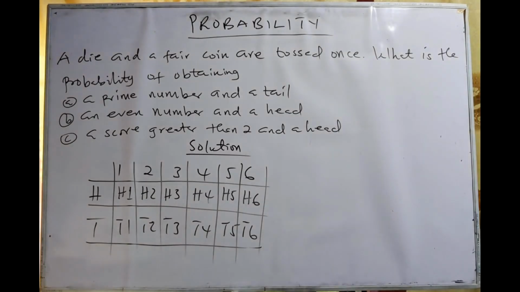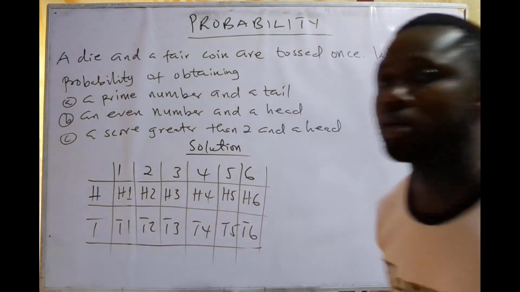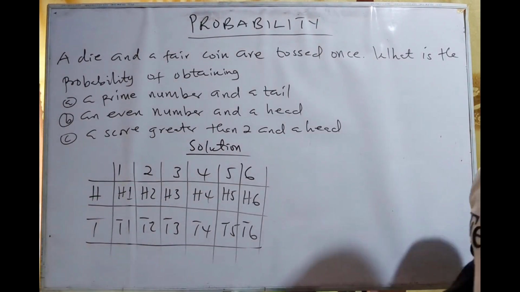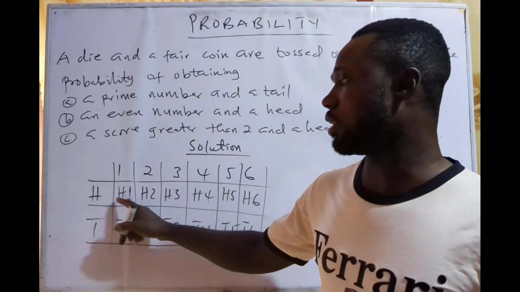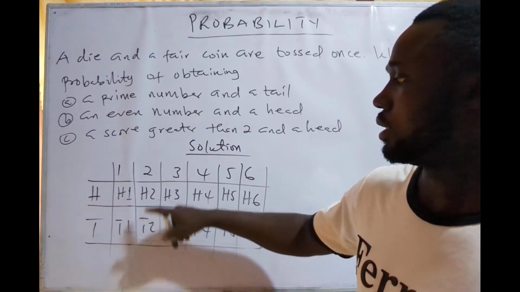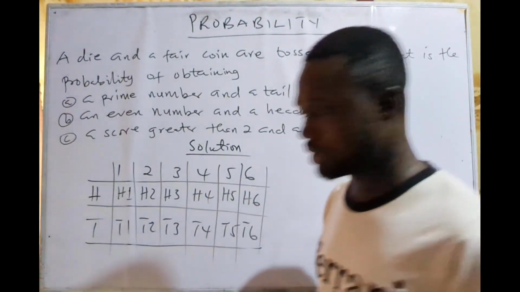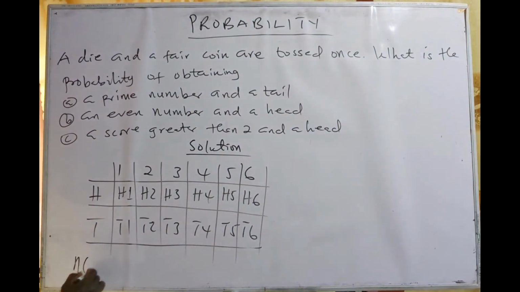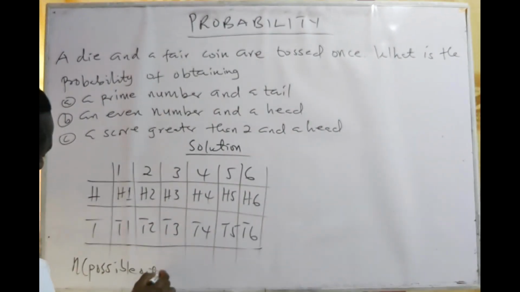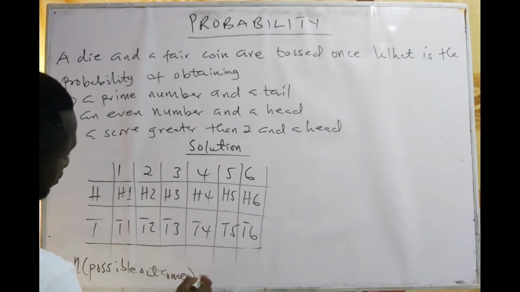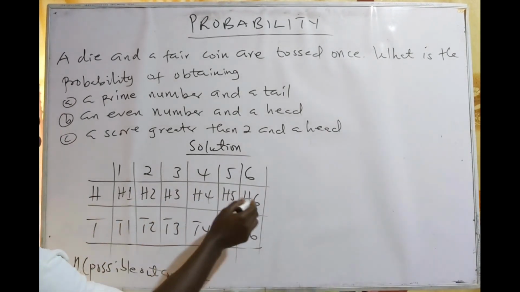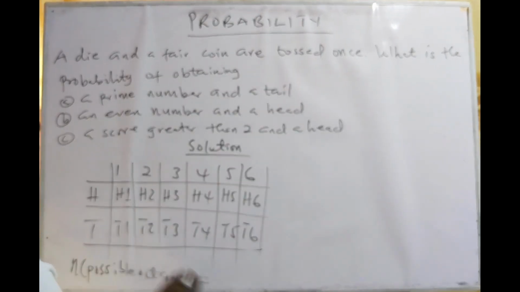This can be our possible outcomes if I toss a die and then a queen. Either the queen will show head and the die will be 1, or head and 2, head and 3. So these are our possible outcomes, right? So our number of possible outcomes: 1, 2, 3, 4, 5, 6, 7, 8, 9, 10, 11, 12.